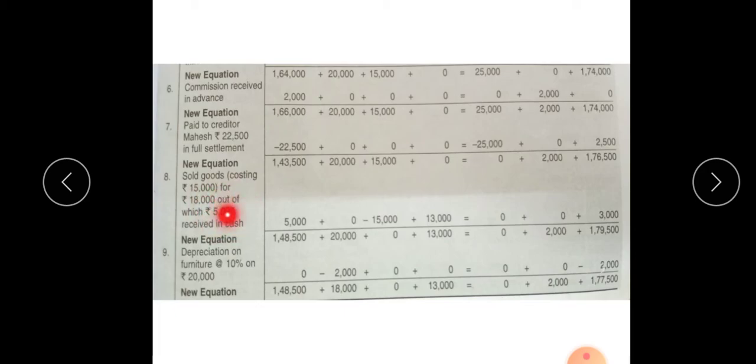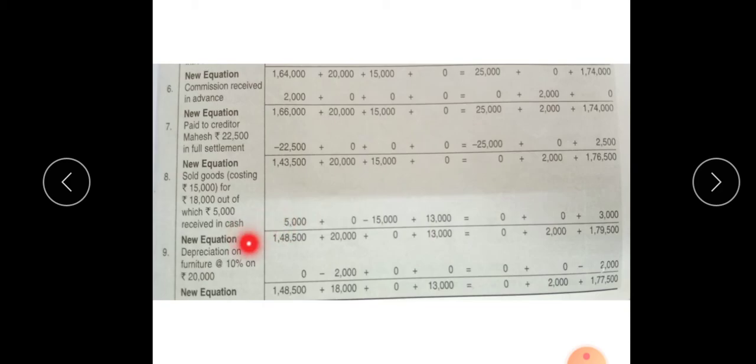Out of 18,000, 5,000 is received in cash. So cash will increase by 5,000. So now cash stands at rupees 1,78,500. 18,000 minus 5,000, the balance 13,000 is still outstanding. The debtors have not paid. So we will make a new column and add that 13,000 to that.